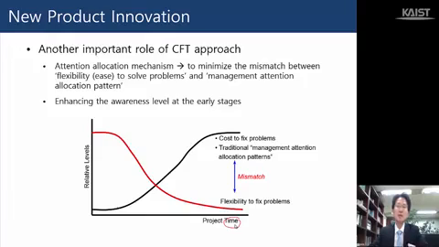And how easy is it to fix the problem? Is it easy to fix the problem in the early period of project time, or is it easy to fix the problem toward the end of the project time? It is obvious that if we identify the problem in the early phase of project time, then it's easier to fix the problem, right?